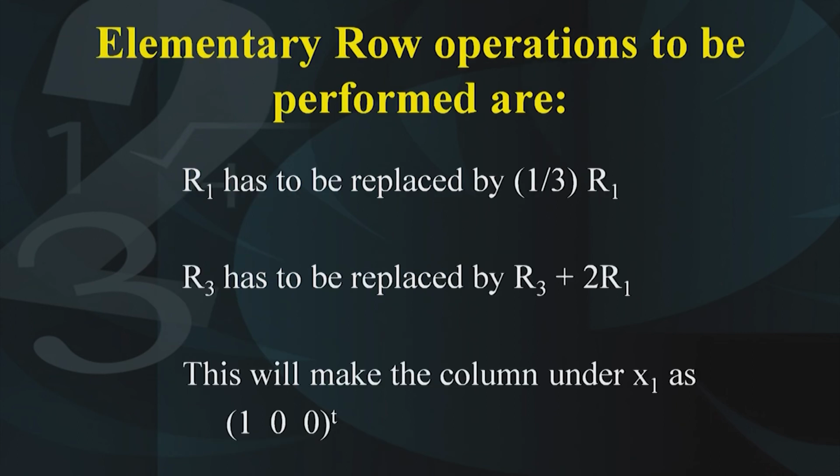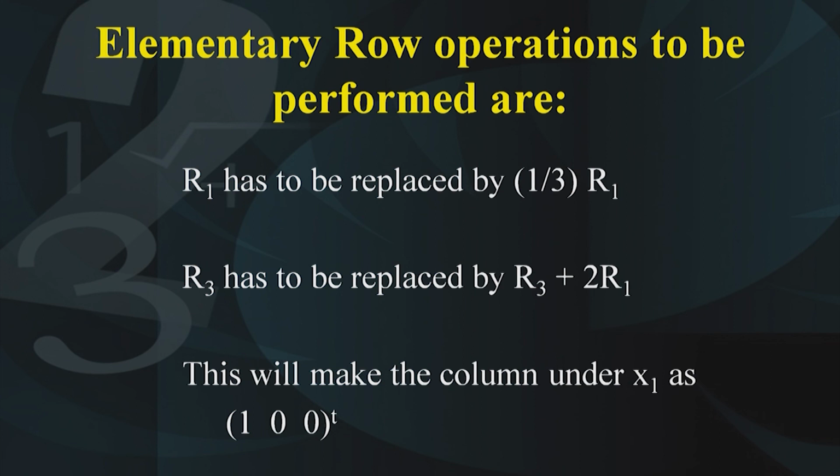Now, we want to make the first column 1, 0, 0. Therefore, accordingly we will apply the elementary row operations. So, what are the elementary row operations? The first row, R1, has to be replaced by R1 upon 3, that is, R1 has to be multiplied by 1 by 3.